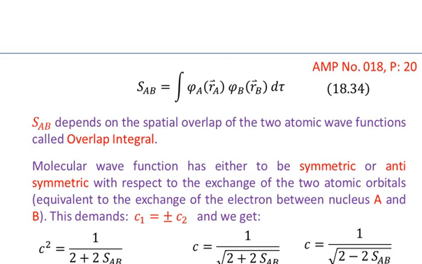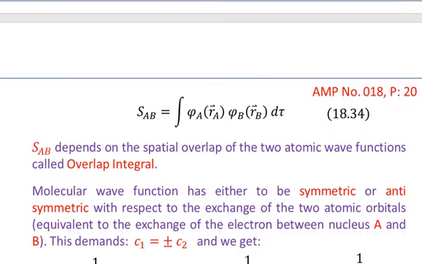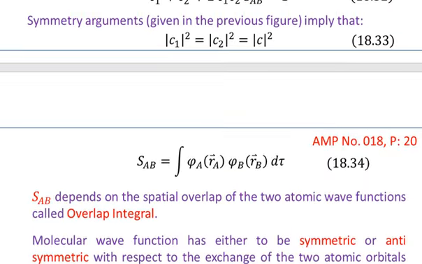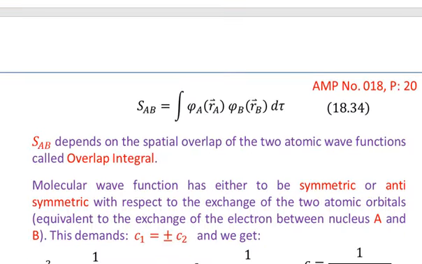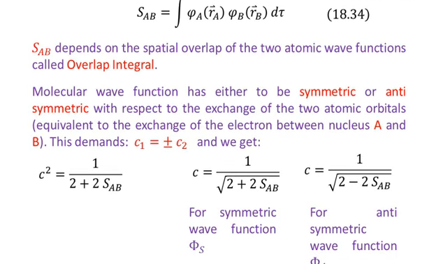You know that in equation number 33, we have the absolute square of C1 and the absolute square of C2. If you take the square root of both sides of this equation, of course you will get C1 equal to plus or minus C2. So when C1 is equal to plus C2, the resultant wave function will be symmetric, and when C1 is equal to minus C2, the resultant wave function will be antisymmetric.